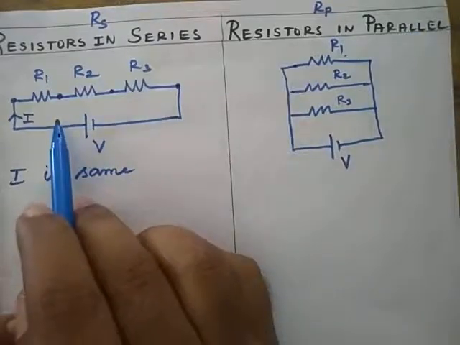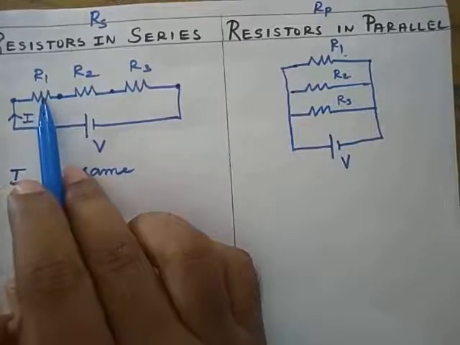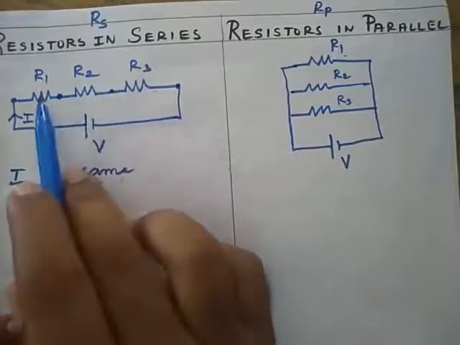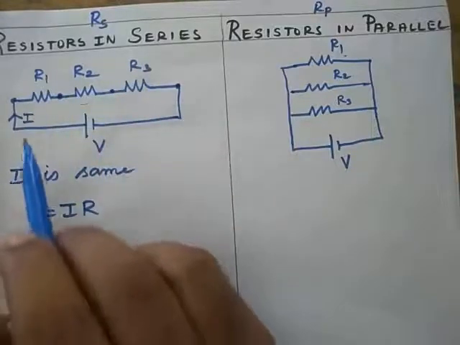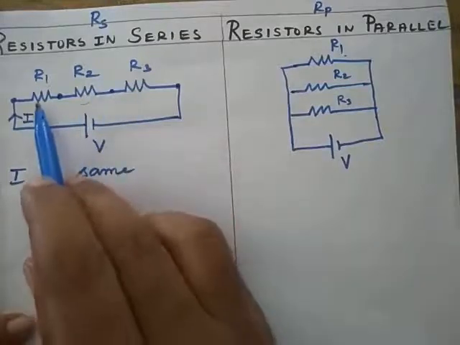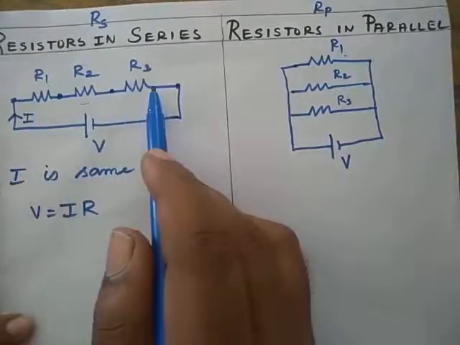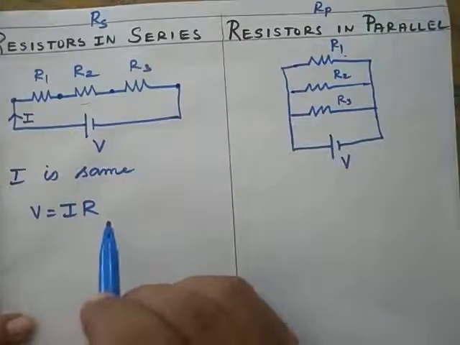In a series connection, the flow of charge across each resistor is the same. So there is no accumulation of charge at any resistor. Charge is the same, so current is also the same. Here the current flowing across R1, R2, R3 is I. According to Ohm's law, V is equal to IR.